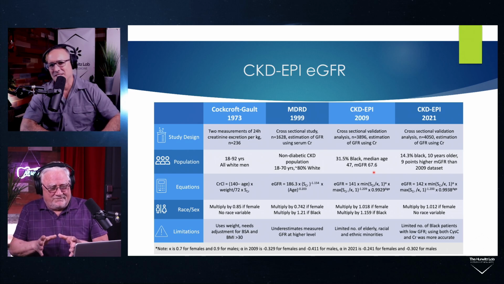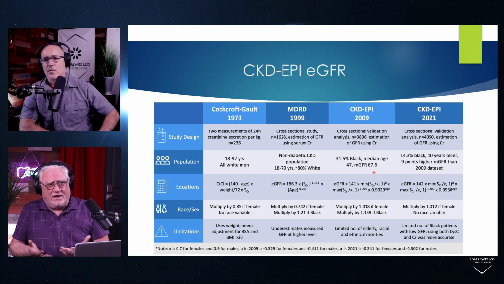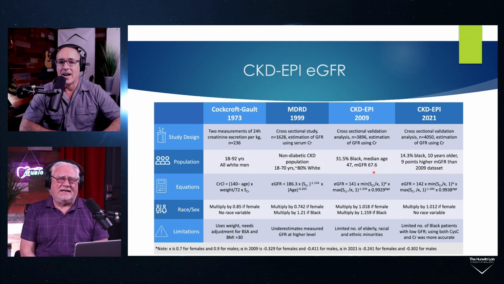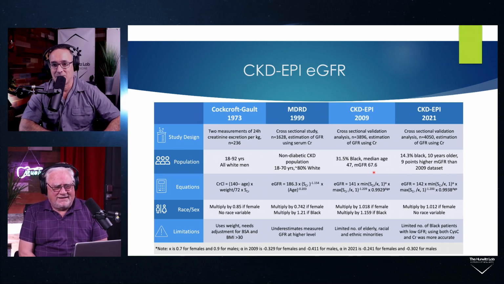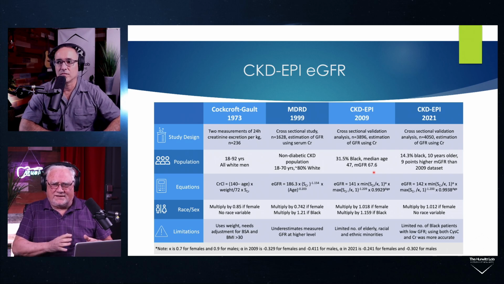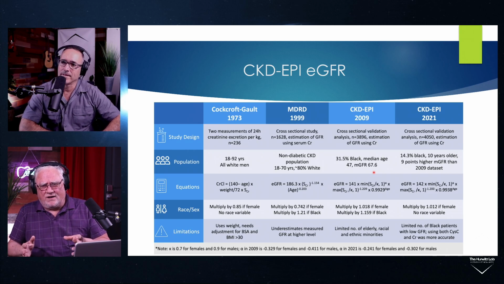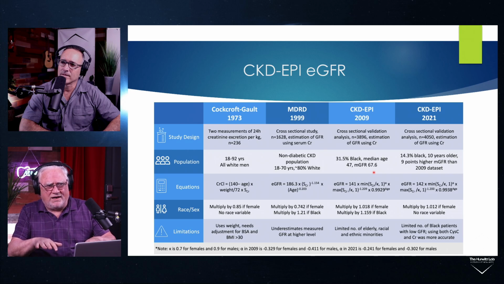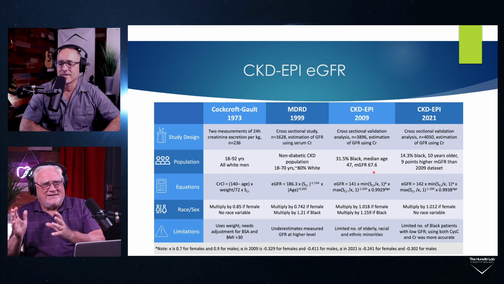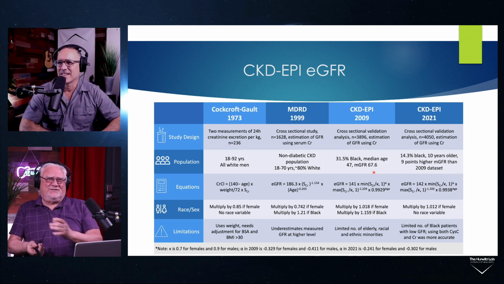Yeah, but that's strange. The equation was developed, it was validated, it works, and that now is the equation that we are using, and I hope we really stick with it, because one of the things that's interesting about the eGFR is we now have all of these equations that are out there, and they're not exactly the same, and studies have been done with different estimating equations for the GFR.